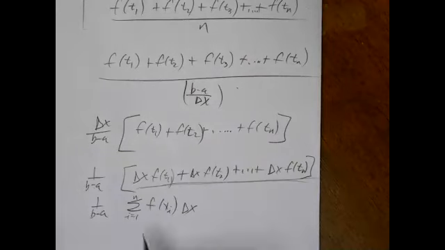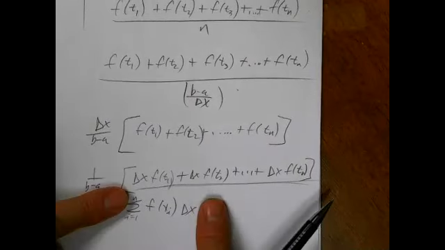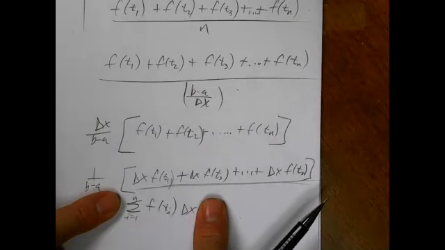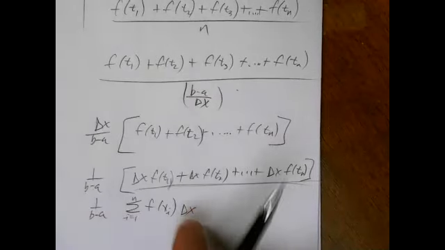All right, so again, this is a shorthand notation for an approximation. This part is an approximation of an area under a curve. And so what I'm able to do with the use of limits is make this approximation become exact.